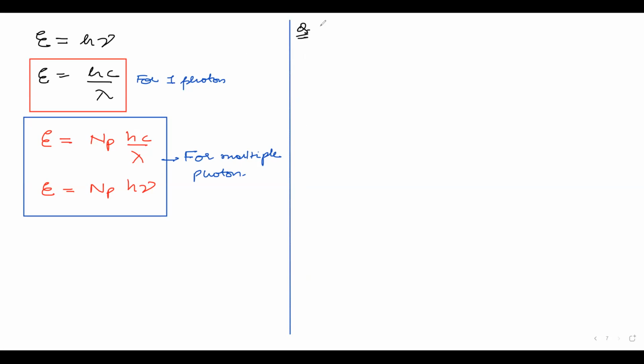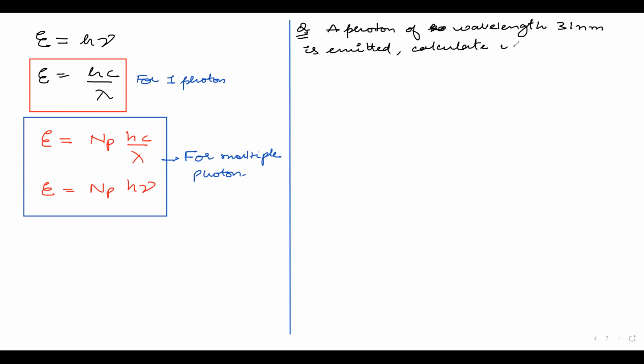The question is, let us say a photon of wavelength 31 nanometer is emitted. Calculate its energy.